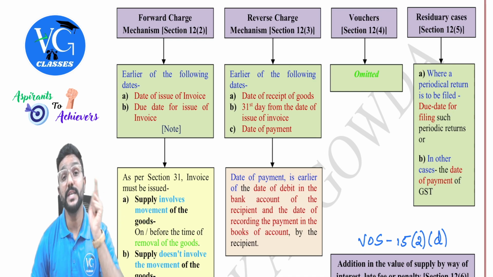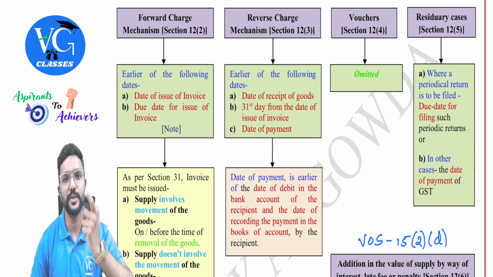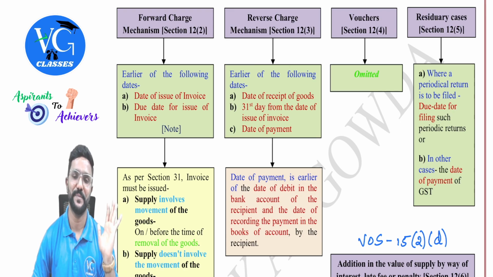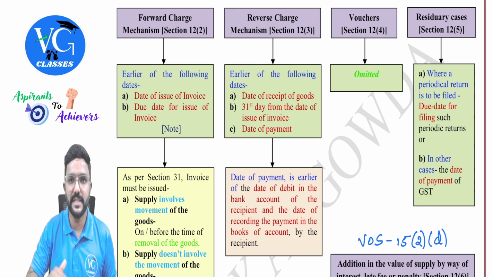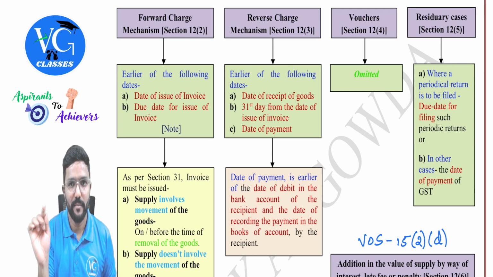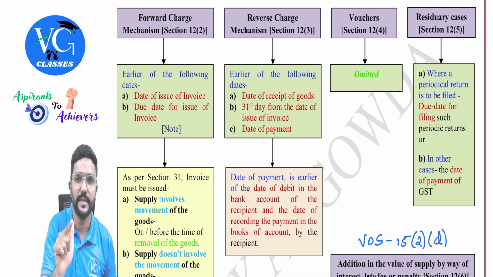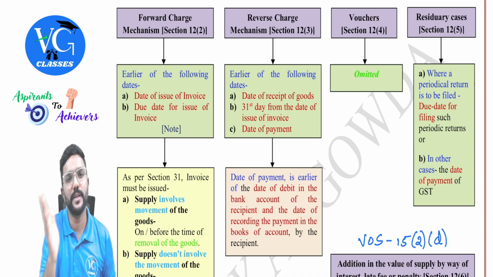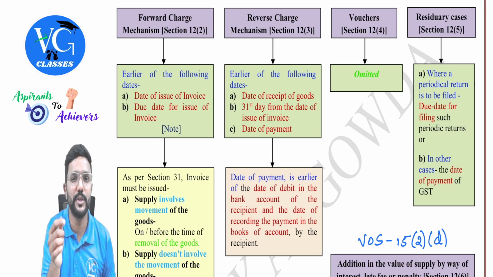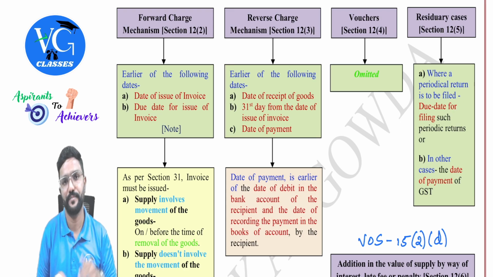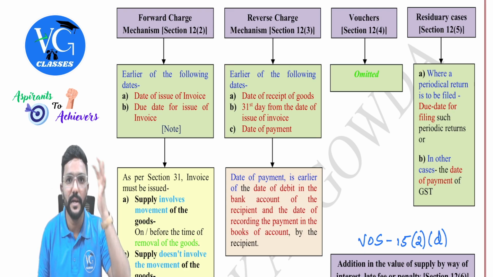But when the voucher is redeemed against goods or services, is it a supply? Yes. I repeat, when there is a sale of voucher, it is not a supply. But if that voucher is used to buy any goods or services, then whoever is actually supplying the goods or services against that voucher, that is a supply for them.